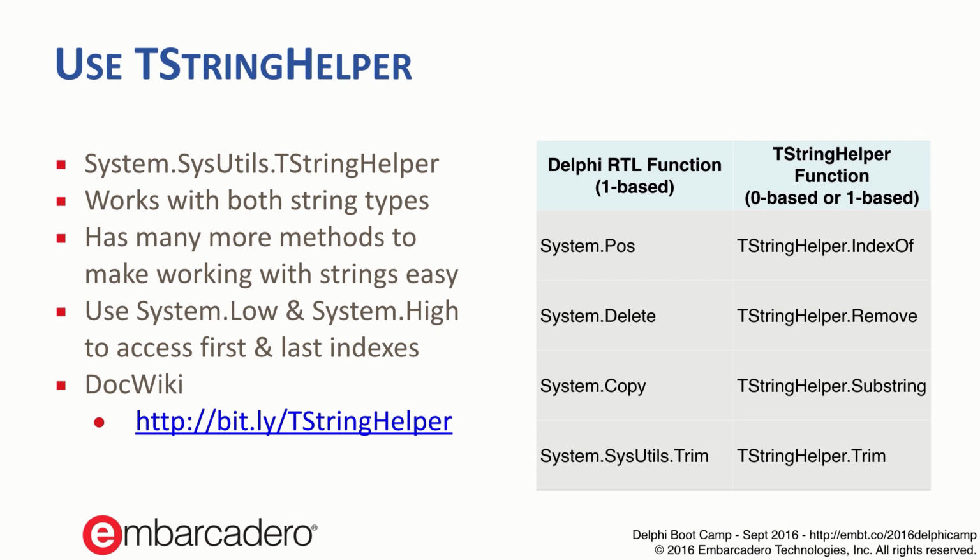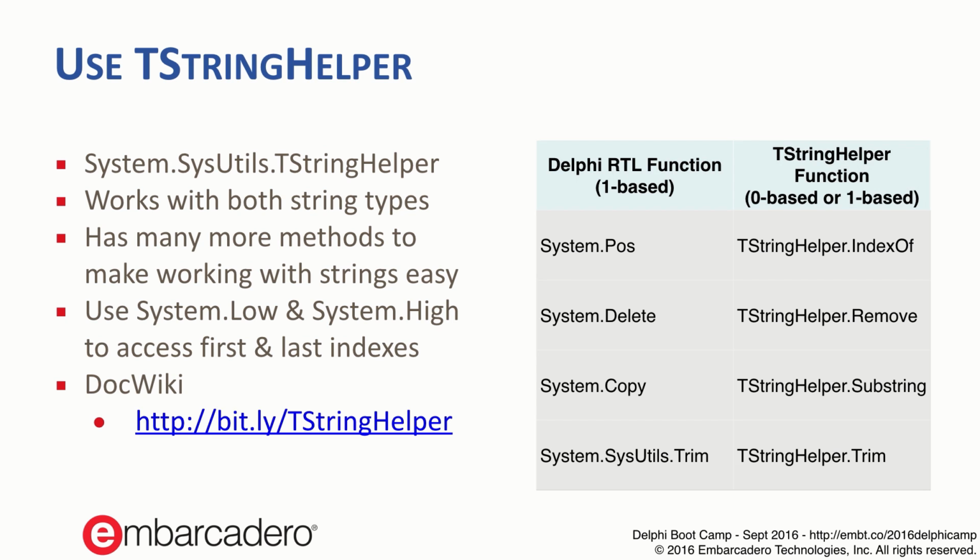Now, if you want to work with that string, manipulate that string, then you'll want to use the new TStringHelper. If you've used Pascal or Delphi previously, you may have used System.Pos for position of something, System.Delete, System.Copy to work with your strings. Those are specifically for one-based strings, but the new TStringHelper functions are designed to work with either zero-based or one-based strings. The desktop compiler is one-based, the mobile compiler is zero-based.